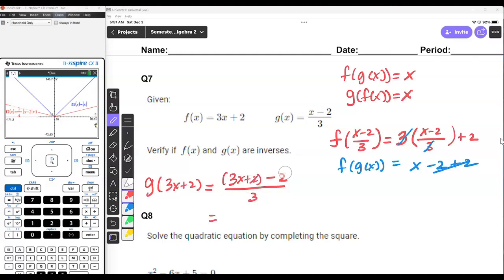You have 2 minus 2, that's 0. 3 divided by 3 is 1, so you're left with x. So g of f of x is equal to x, so that checks. So what conclusion can you make? They're both going to be inverse of each other, and you can check by looking at the calculator.